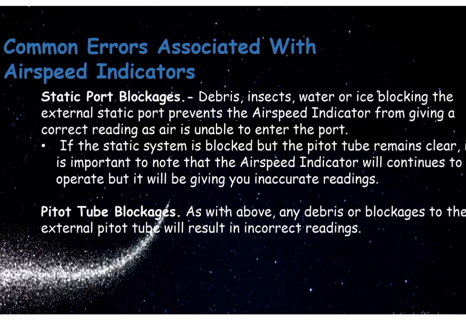This element also has some errors, like during rainy season or when the aircraft enters cold places, it gets icing. Static port blockages occur because of debris, insects or blocking by ice.